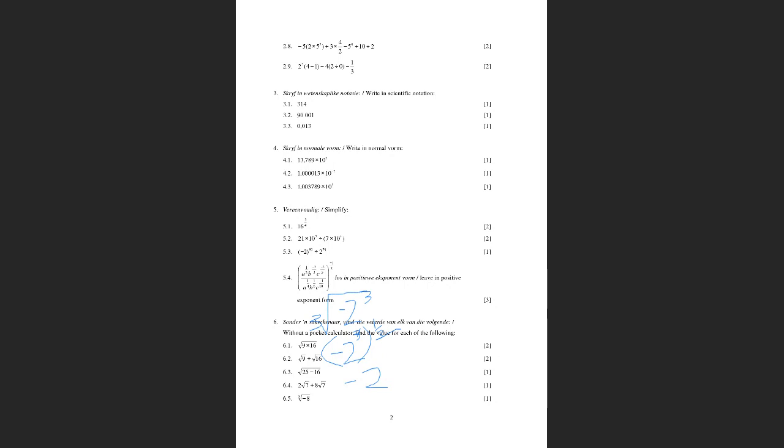Yes, can you go to question 6.4? 6.4, good. 6.4, we have root 7. You see, we have root 7 here. Let me see. I'm surprised you see with the screen, as I've said, you must learn how to adjust the screen.